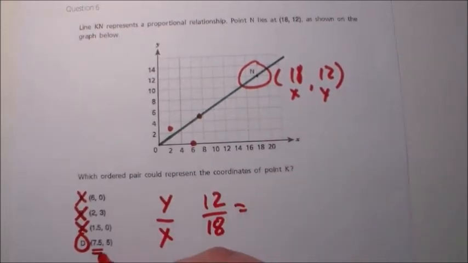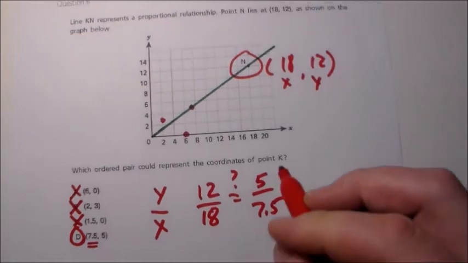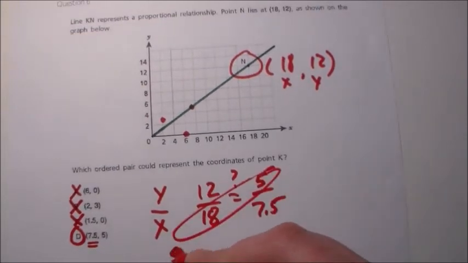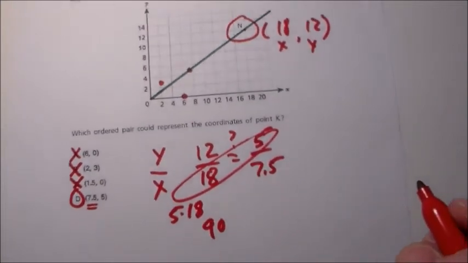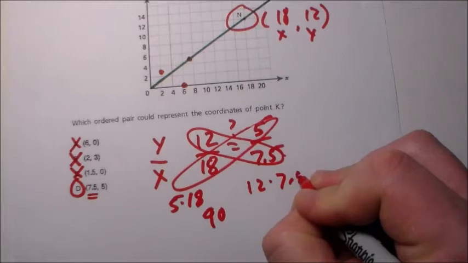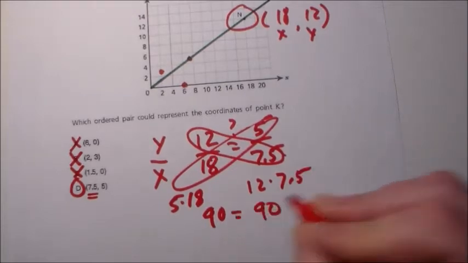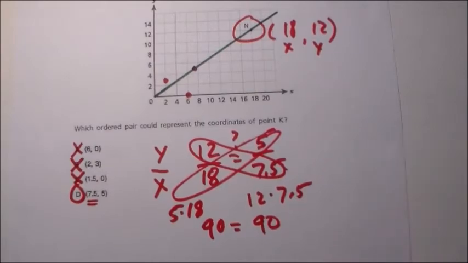And that's going to equal, well, we're going to prove it, 5 to 7.5. And if you do your cross multiplication, 5 times 18, you're going to get 90. And if you do cross multiplication this way, you can do 12 times 7.5. Again, you'll get 90. 90 does equal 90, so you've proven that that is your right answer.